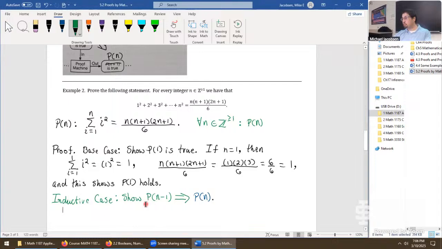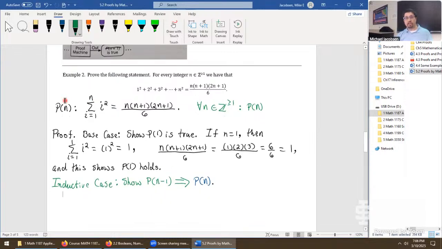Next thing we need to do is actually write this all out. But before we actually show the implication, we should show what P of n minus 1 looks like as a statement. So we're coming back over here and just rewriting it out. P of n minus 1 is an entire statement that evaluates to true or false.